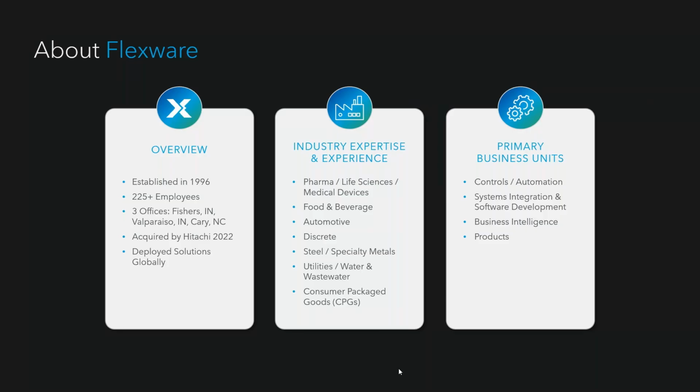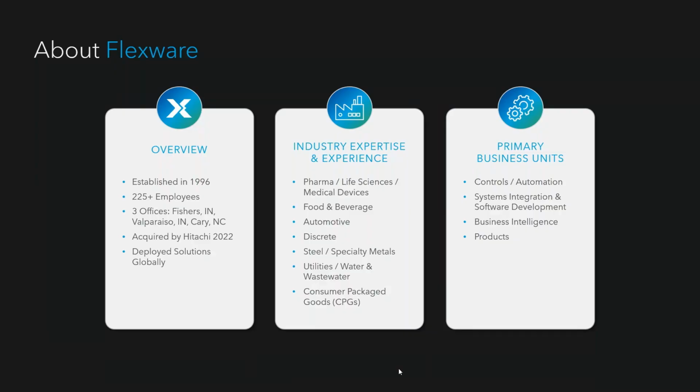A large percentage of those are engineers that are actively working on delivering products and solutions for our customers. We were acquired by Hitachi back in 2022, so we're being integrated into that ecosystem and working alongside other Hitachi Group companies as well.